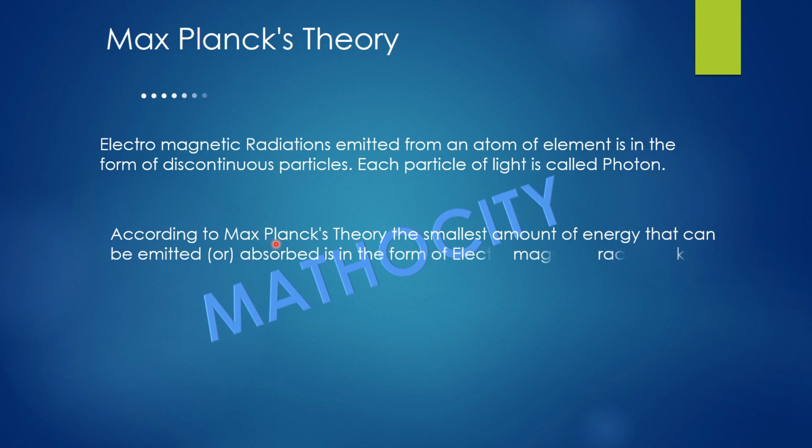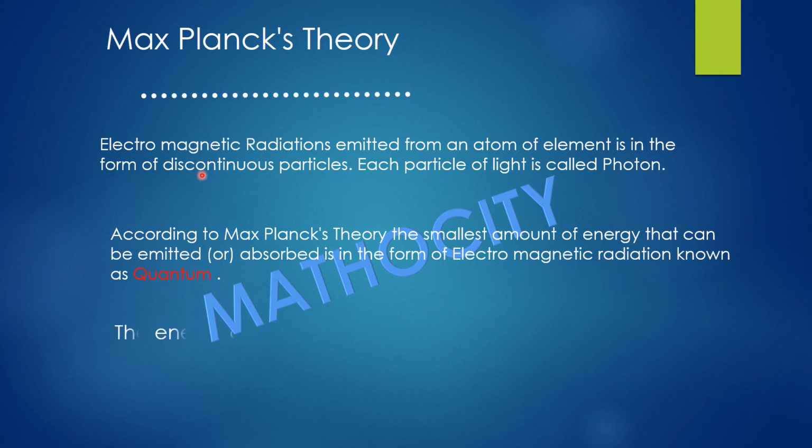According to Max Planck's theory, the smallest amount of energy that can be emitted or absorbed in the form of electromagnetic radiation is known as a quantum. Each and every particle is associated with some electromagnetic radiation.